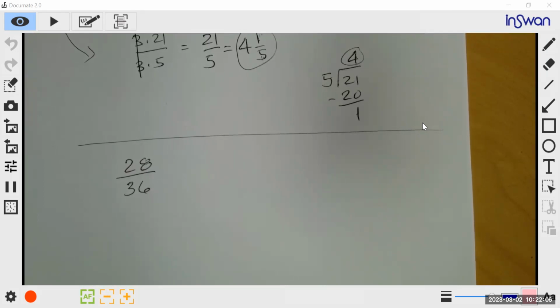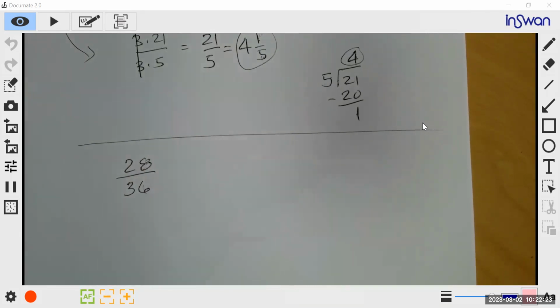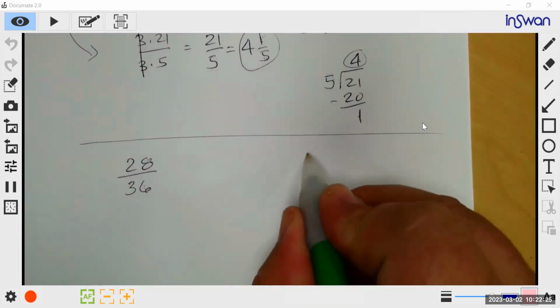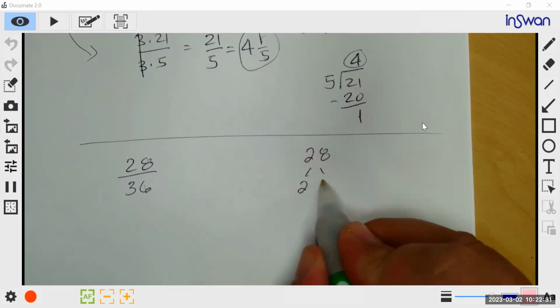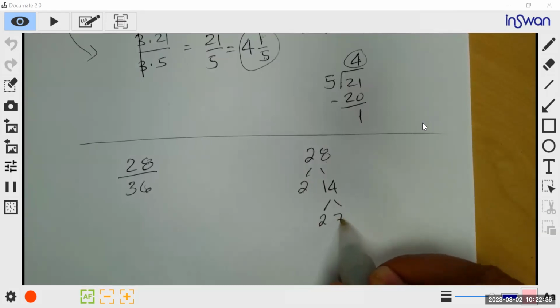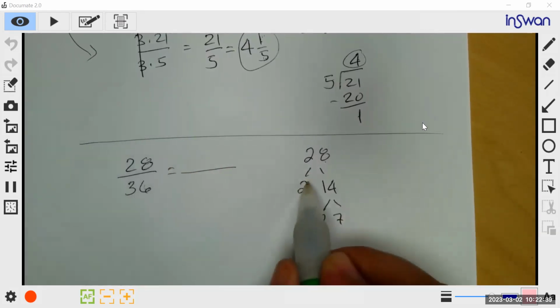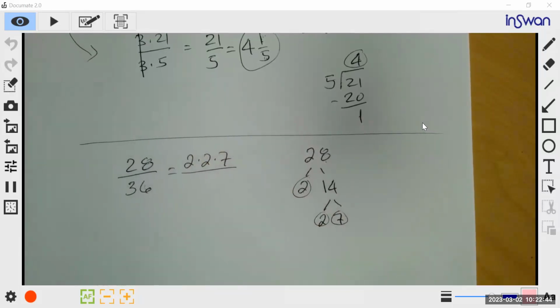How about that one? It's a proper fraction, but can you simplify it? What do you mean, no? They both end in even numbers, so they have a what in common? Yeah, they have a 2 in common. 2 goes into 2 once, 2 goes into 8 4 times. 2, 2, and 7.